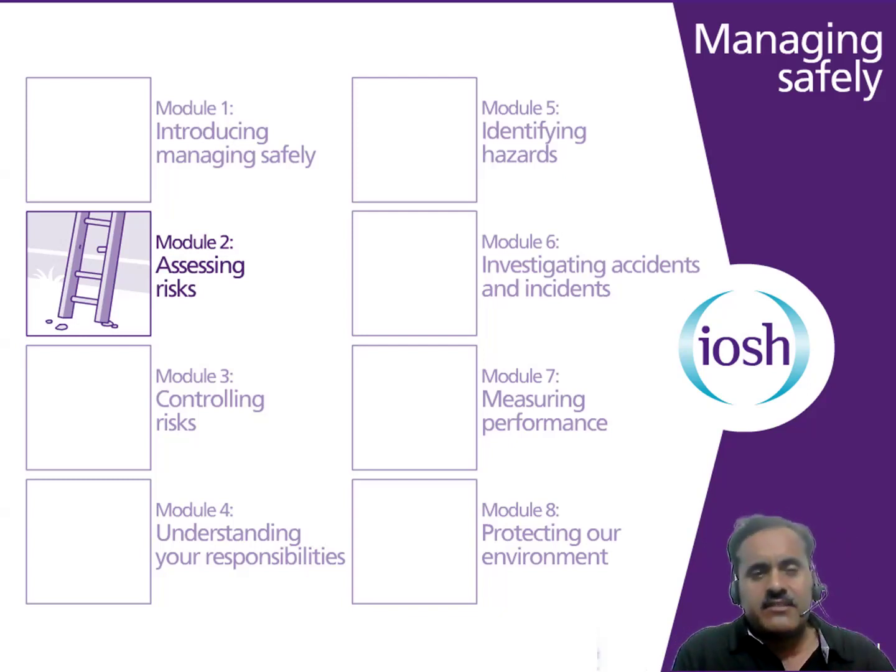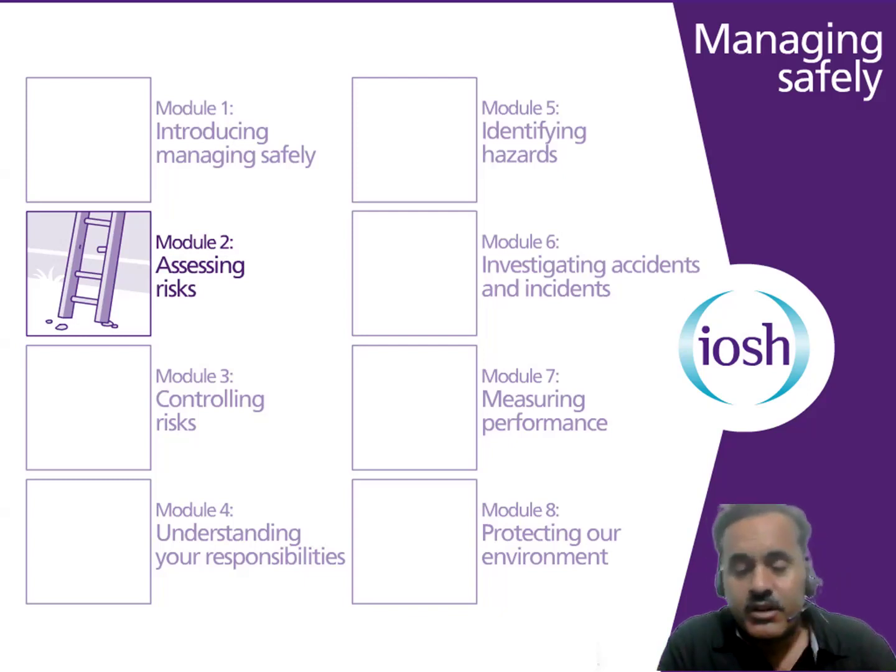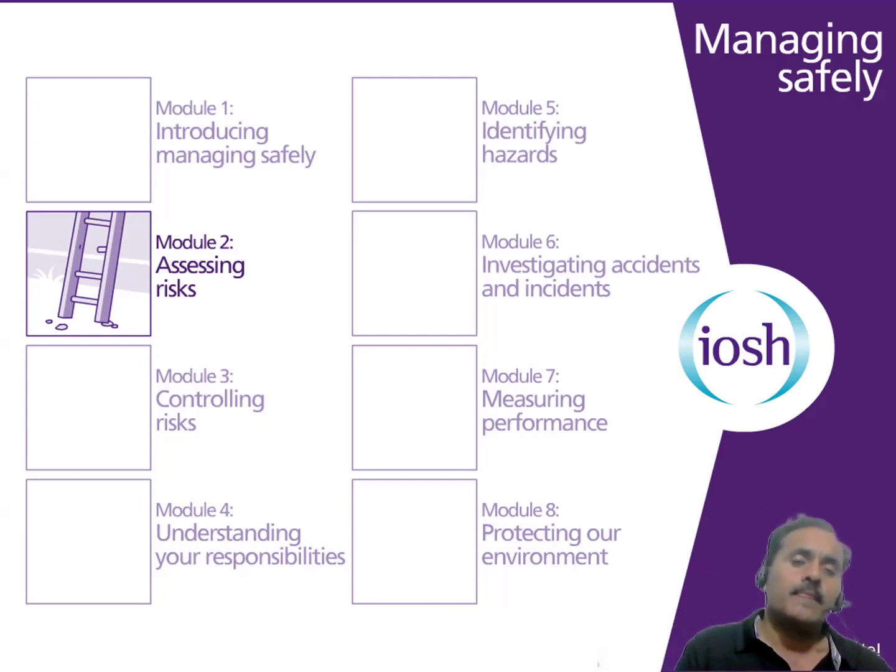My dear learners, by applying this formula to all the hazards which we have identified, say about 50 hazards, you have now set the priority: out of 50 hazards, 20 are minor, 20 are medium, and the remaining 10 are major.